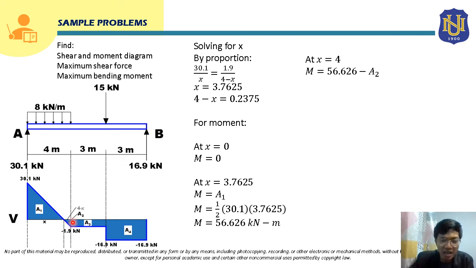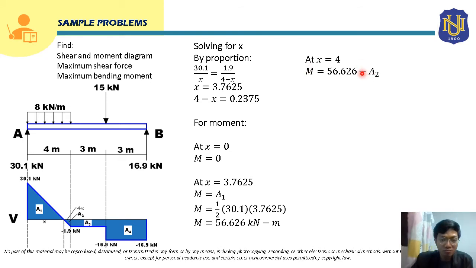For this area 2, this is a triangle wherein the height here is 1.9 and the base here is 4 minus x, which is equal to 0.2375. The area here will just be 1/2 base times height. But in this case, using sign convention, since this area is below the x-axis, this will be negative.